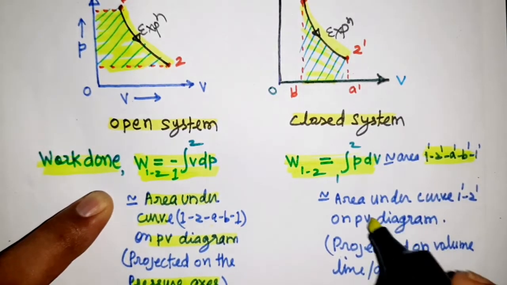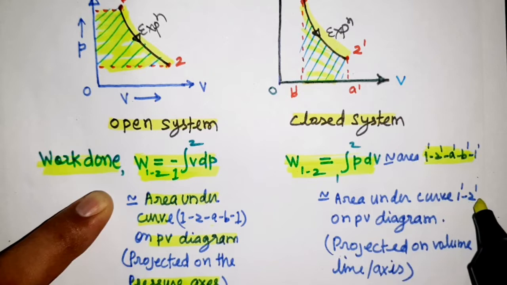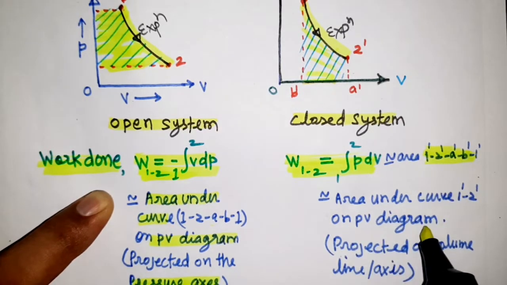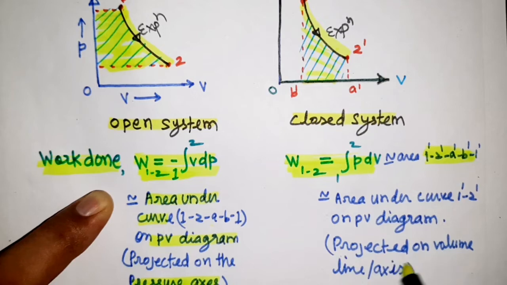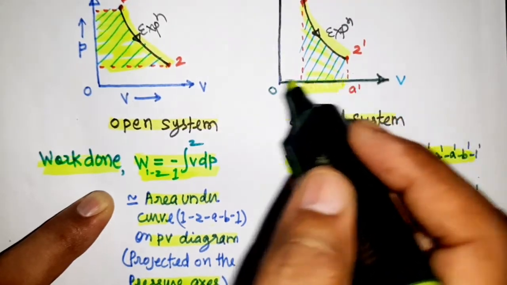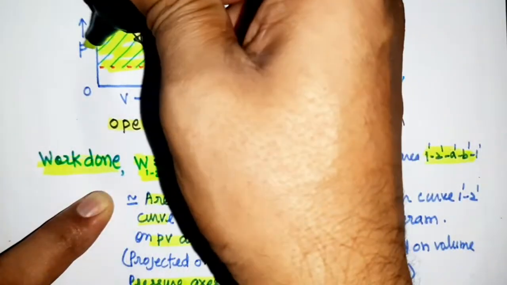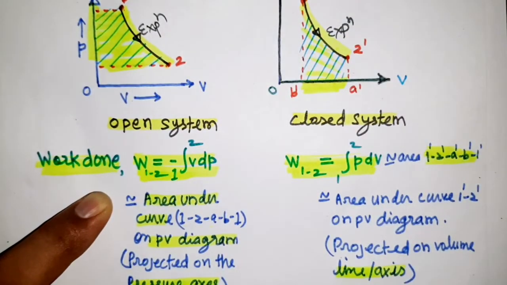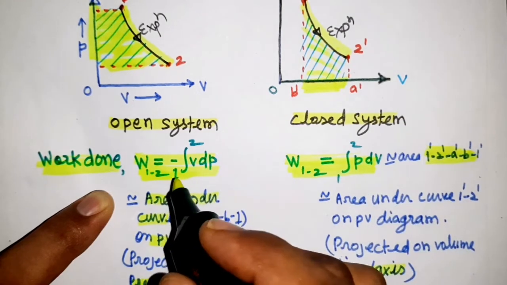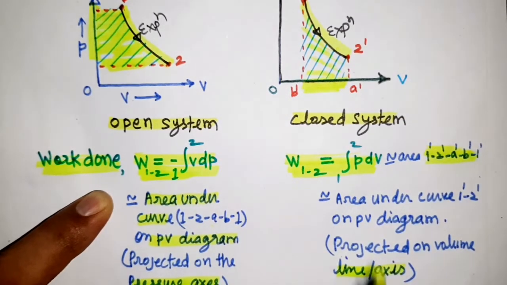So this is the area under curve 1 dash 2 dash on the PV diagram projected on the volume axis, while in the open system this is projected on this vertical axis. This is the work done in the closed system, and this is the work done in the open system.